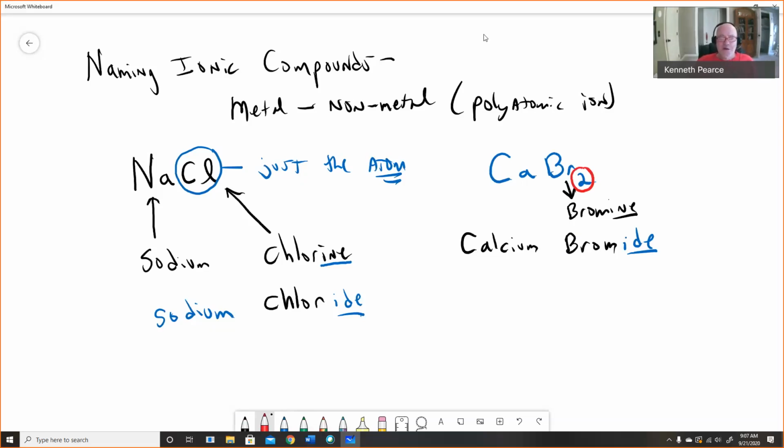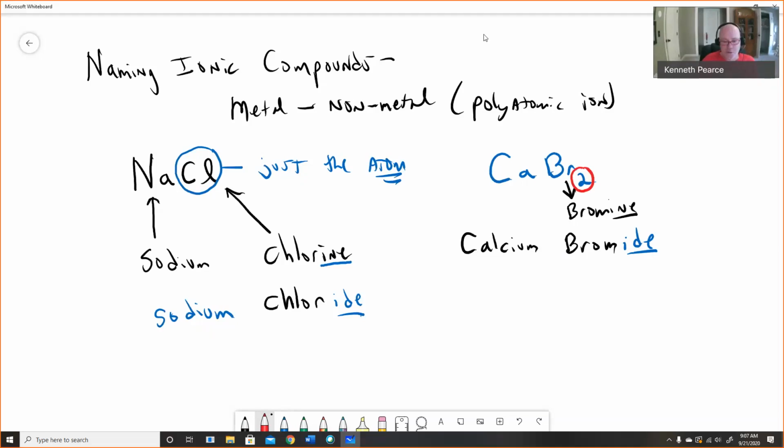Your dis, tris, tetras, pentas, hexas, those go with what are called covalent compounds. More on that later, but this is just calcium bromide. Chop off the end, bromine becomes an "ide," and fluorine becomes fluoride, and so forth, and oxygen becomes oxide.